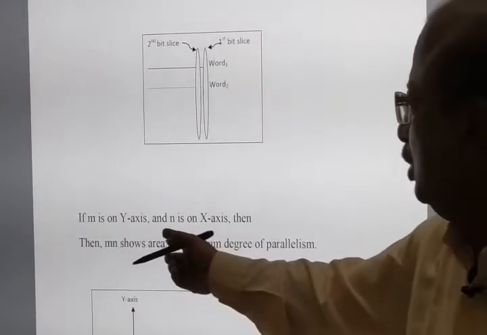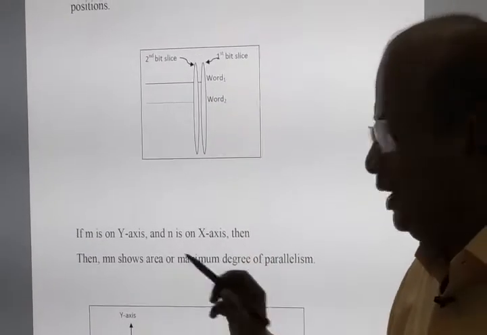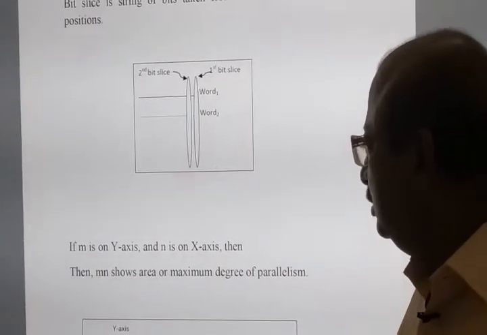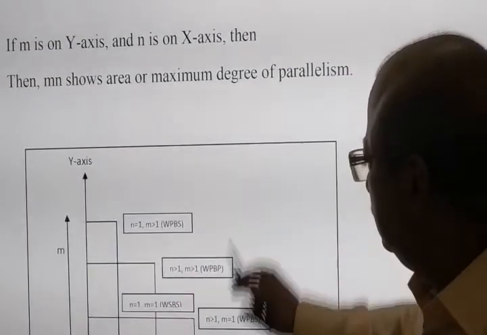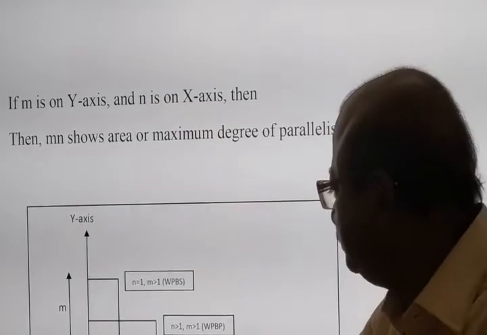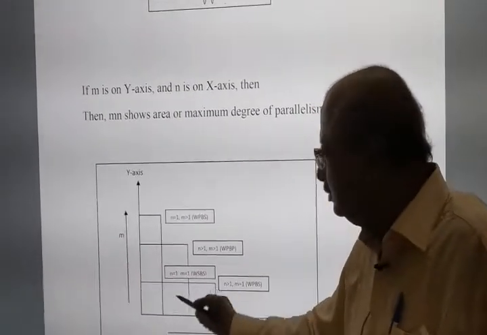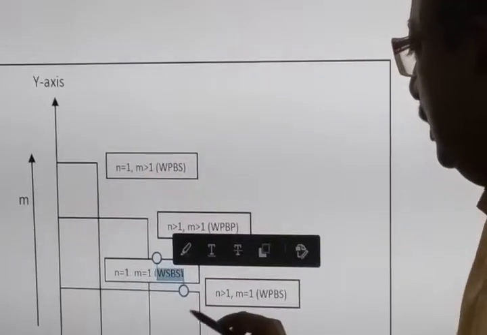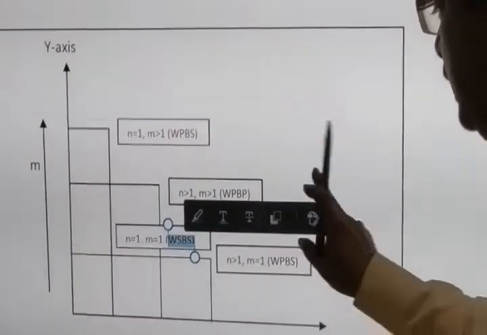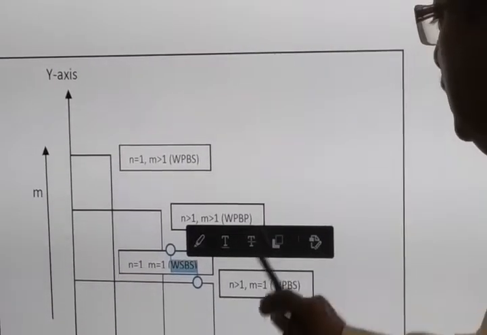If m is on the y-axis and n is on the x-axis, then here m and n both are equal to 1. That means this is word serial, bit serial. Here n is greater than 1 and m is equal to 1, word parallel, bit serial.